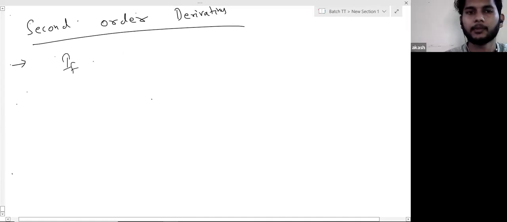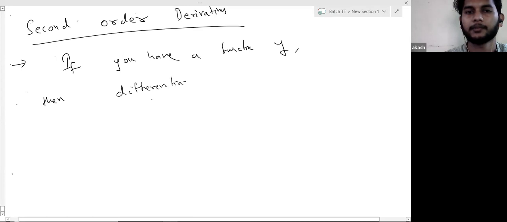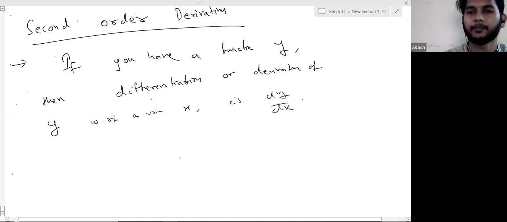If you have a function y, then the differentiation or derivative of y with respect to a variable x is dy by dx, or we can say f dash x or y dash or y1.